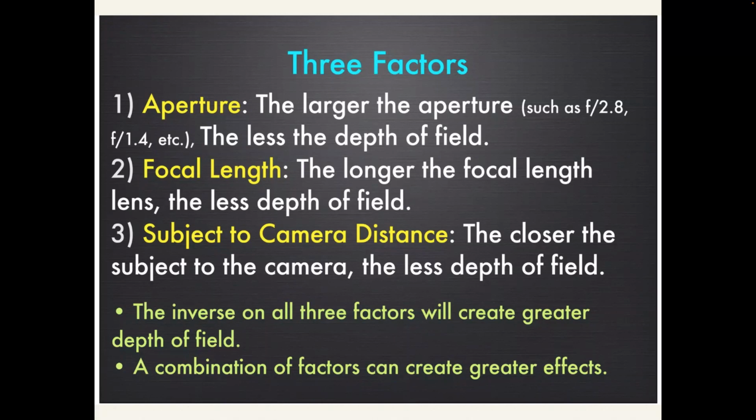The longer the focal length of the lens, the less depth of field you're going to get. And then the distance between the subject and the camera: the closer your subject is, the less depth of field you will get. And then the inverse of those is also true, and you'll get greater depth of field. And then a combination of that is what we play with.